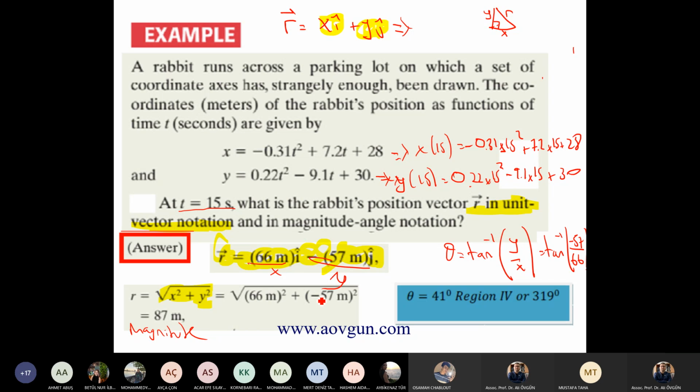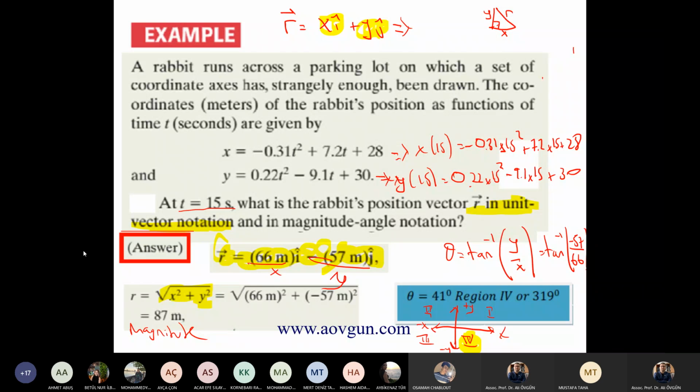But you need to also determine which region it is. So x is positive, so it can be first or fourth region. But x, this is minus x, this is positive y, this is minus y. So x is positive in the first and fourth region, but y is negative, so your rabbit is on the fourth region.